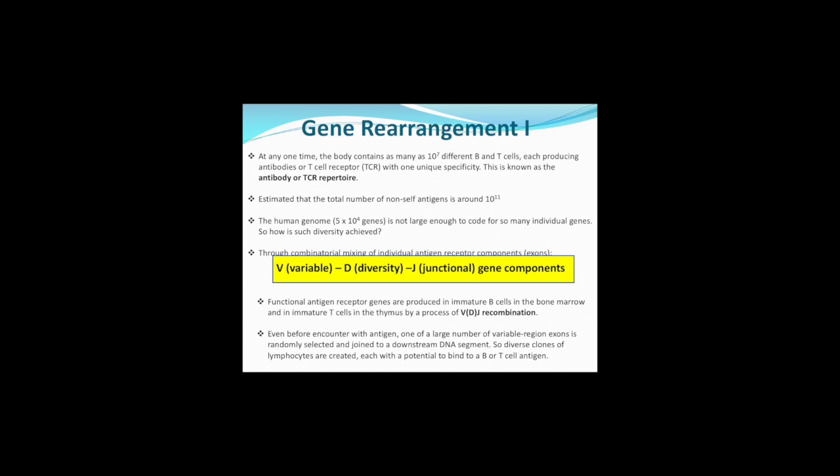So the way the system gets out of this is through this process called recombination, or using components to make up one large molecule.